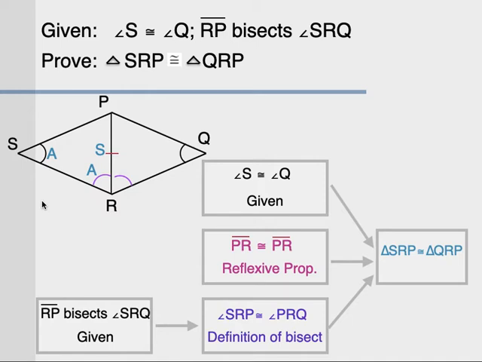Now decide which theorem you would use to prove the triangles match. If you said AAS, well done. Now notice how it's AAS, not ASA this time, because a side symbol was not between the matching angle symbols. So it would not be ASA. It's AAS anytime the side is not included between the matching congruent angles.